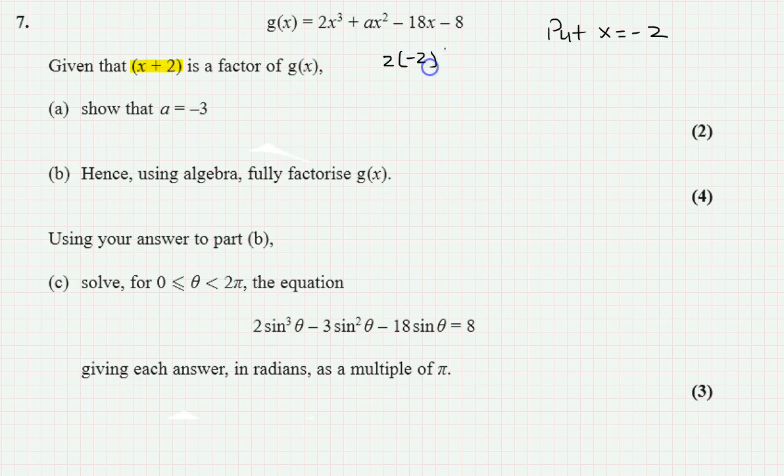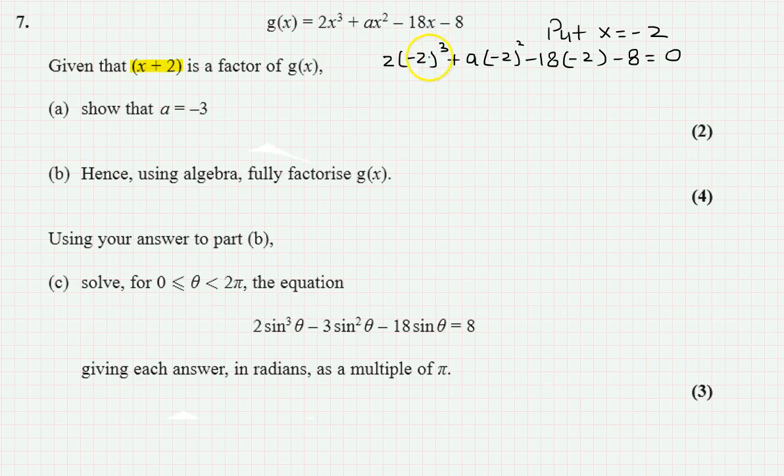So let's put 2 times minus 2 cubed, plus a times minus 2 squared, minus 18 times minus 2. Wherever you see x, you just write negative 2, minus 8. The theorem says if it is a factor, put x equal to minus 2 and you will get 0.